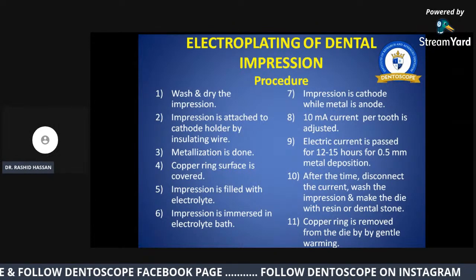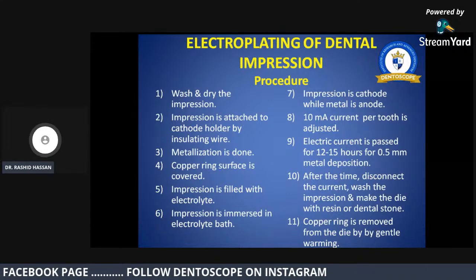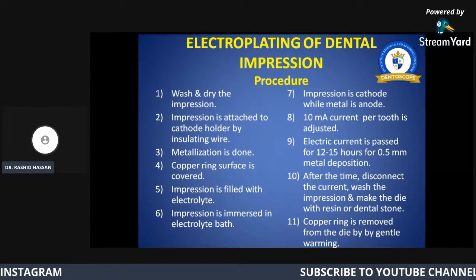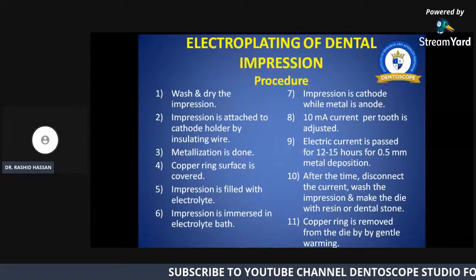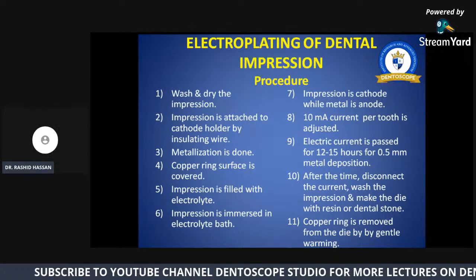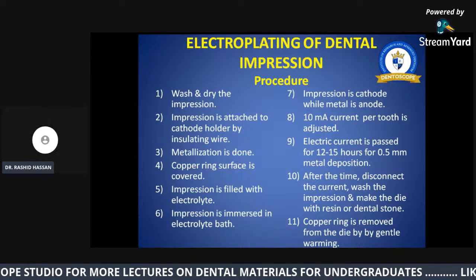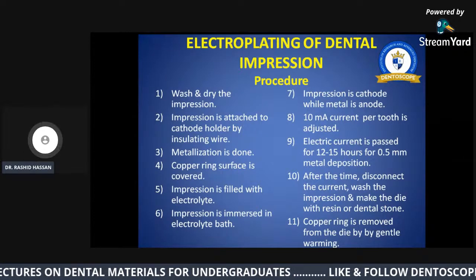This is a general rule that 10 milliampere current per tooth is adjusted. It will be obvious from your dental impression for how many teeth you have recorded that impression.